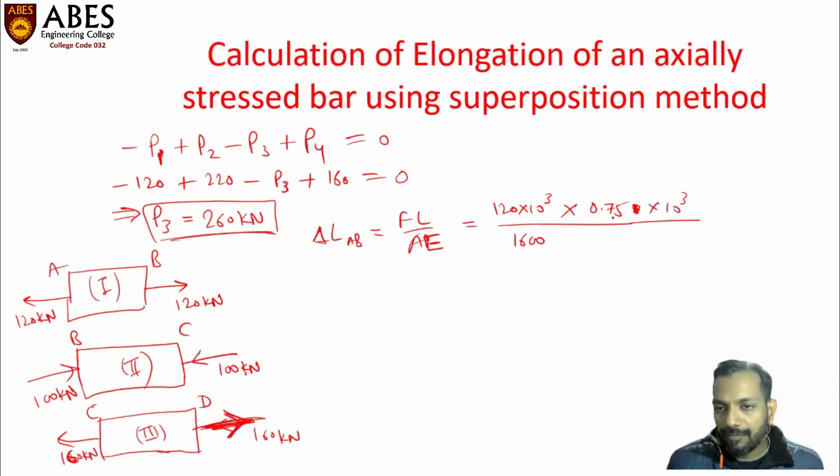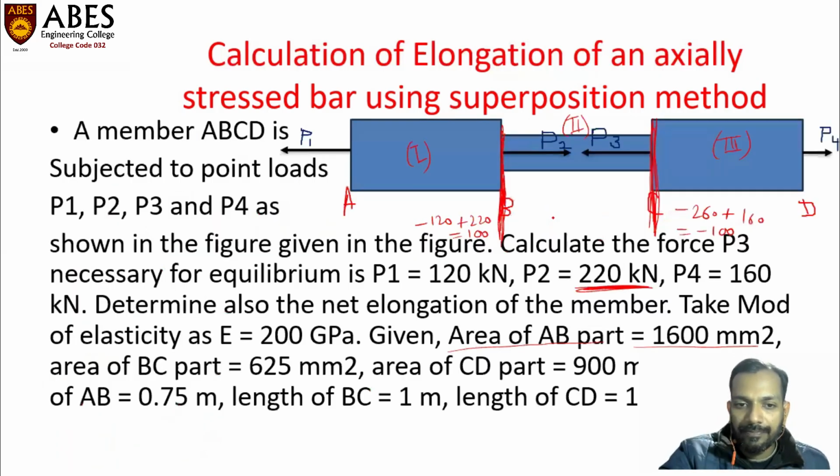I'm converting this value, which was given in meter, into millimeters for keeping the same units in the whole expression. So I'm using the unit of force as Newton and unit of length as millimeter. So 0.75 into 10 to the power 3 gives the length in millimeter, upon 1600 millimeter square into E. Value of E is given as 200 gigapascal.